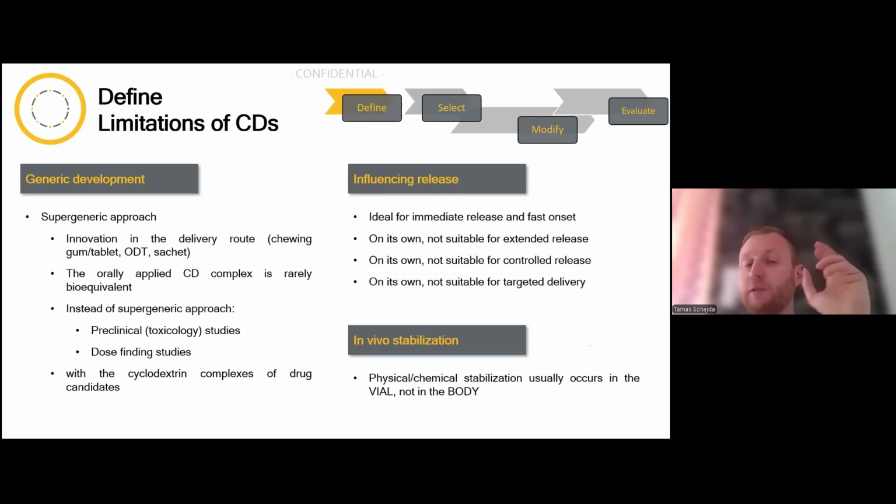They have an immediate effect because, okay, again, the tablet, the capsule, once dissolved, the equilibrium shifts, cyclodextrin releases everything, and we'll have a quick high blood level of the active ingredient. On the other hand, if the goal would be to have a controlled release or an extended release with the cyclodextrin itself, let alone targeted delivery, this is very difficult, can be managed. We'll talk about it later how, but it's difficult.